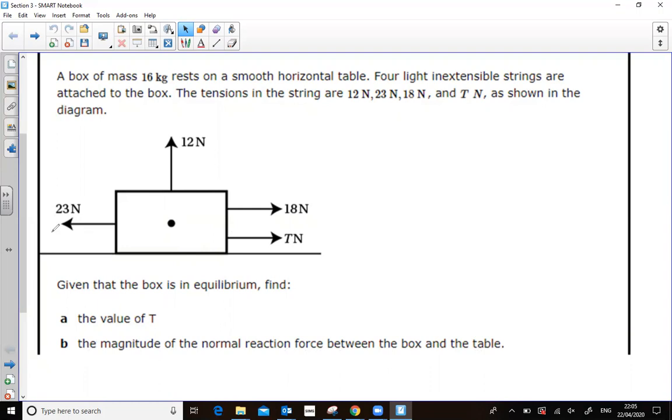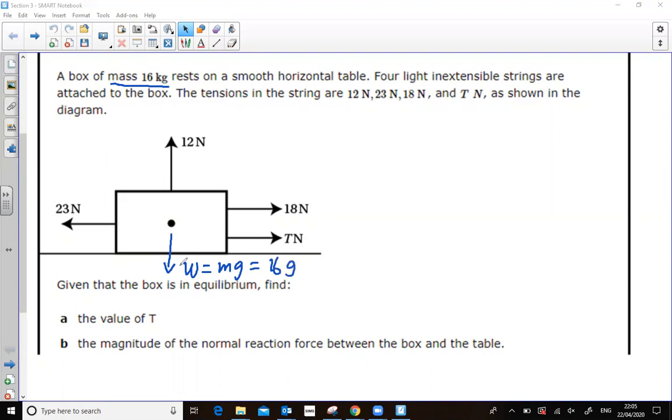Now on this diagram, we've only been given the 4 tensions. However, let's think what other forces are acting on the object that have not been drawn on the diagram. Firstly, you can see that the box has a mass of 16 kilograms, which means there will be the weight acting directly downwards, and the weight equals mg, so that will equal 16g.